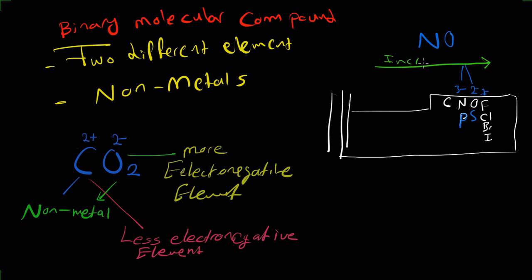Electronegativity increases from left to right, and from down to up, until the most electronegative element, which is fluorine. So fluorine reacting with any element will become negative.